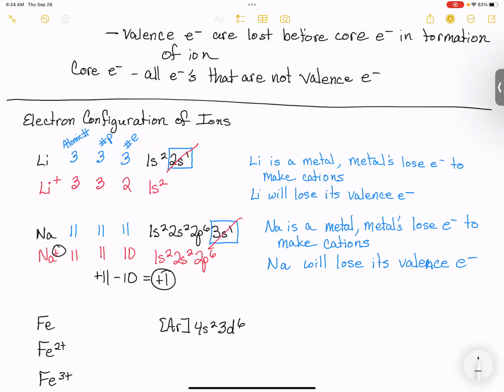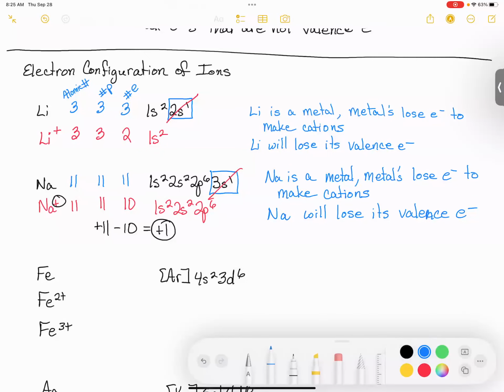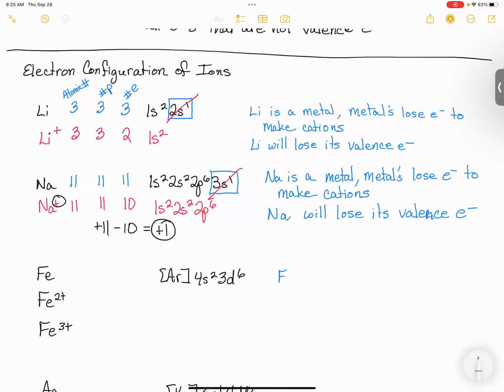Okay, let's get into iron. Again, iron is a metal. Metals lose electrons to make cations.